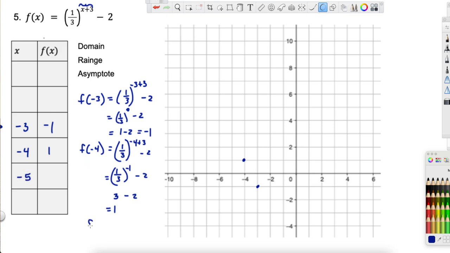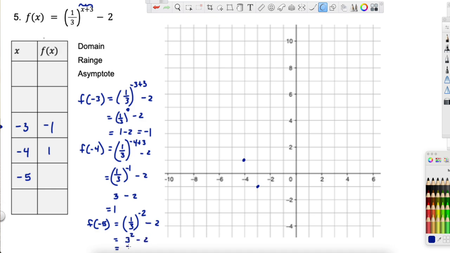Let's try -5. Okay, so -5 plus 3 is -2. I'm just going to skip that step. I just combined the -5 plus 3 is -2 minus 2. Take the reciprocal here. 3 to the second minus 2. 3 to the second is 9 minus 2.